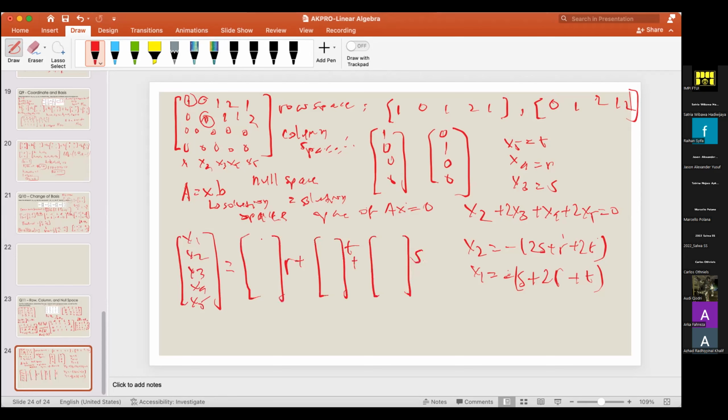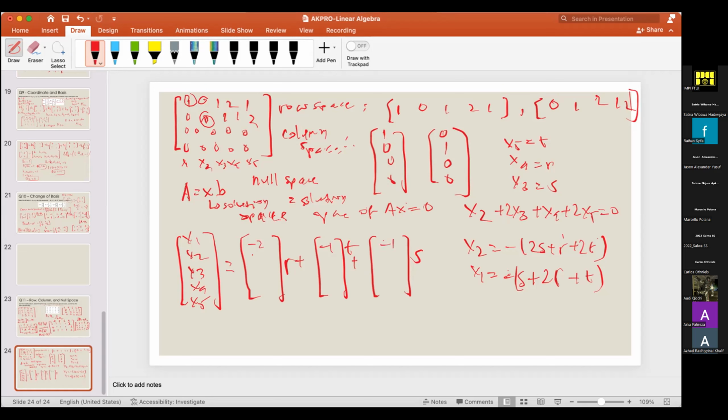Now we look at x1. The coefficient of x1 in r is -1, in t is -2, and in s is, wait, sorry, okay, I made a mistake, sorry. So in r, x1 is -2, in t is -1, and in s is -1.